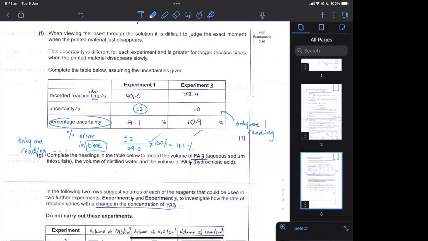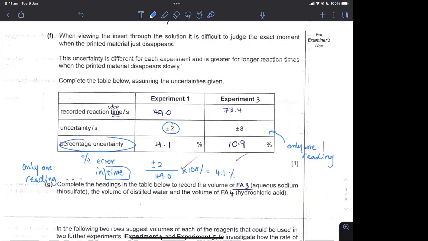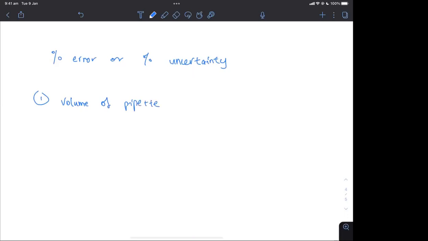Okay, I'm going to talk a little bit about error. So what has to do with errors? This is called percentage error or percentage uncertainty. Okay, a couple of things. There is the volume of pipette. When you take something out with the pipette, your pipette is 25.0 cm cube in the school laboratory most of the time.